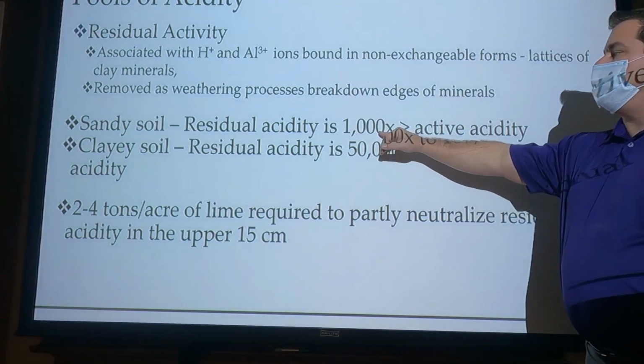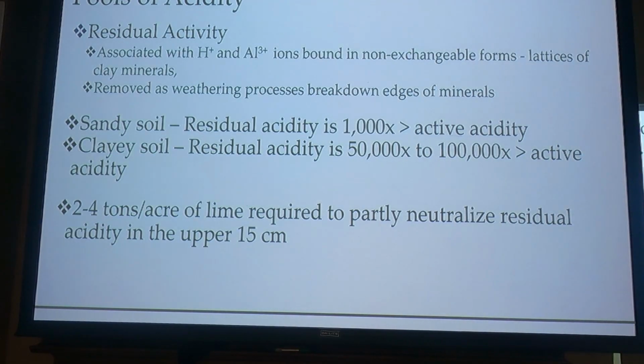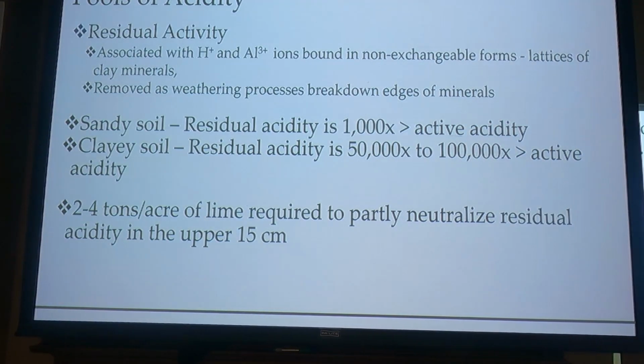But in a sandy soil, our residual activity may only be about 1,000 times greater than our active acidity. But in clay soils, we might have 100,000 times the residual activity being greater than the active acidity, because our 2-to-1 clay soils can hold on to more of those aluminum and hydrogens compared to our sandy soils.